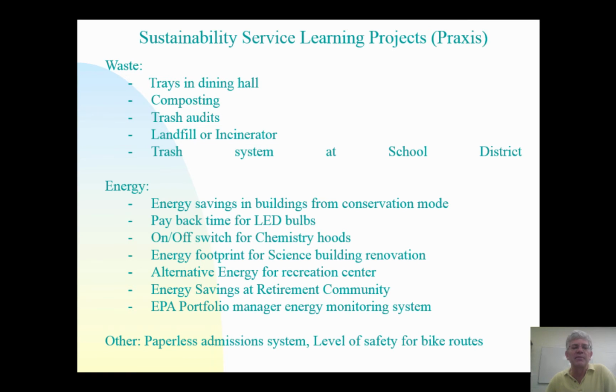The first project I mentioned is the trays in the dining hall, and it was the question of whether we should stop using trays. Would that cut down on food waste, and would that save money in terms of washing costs? And what the students found out is it would save food waste. They did a weighing when they had trays, and then one day when there were not trays.